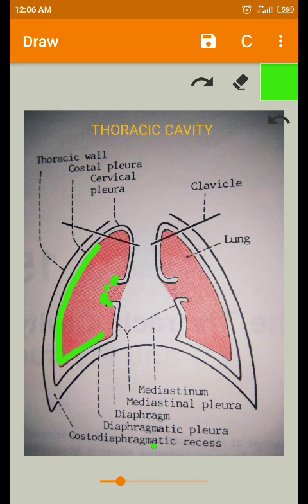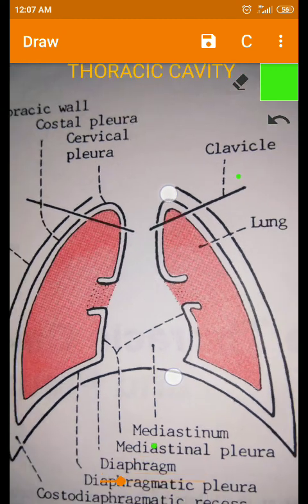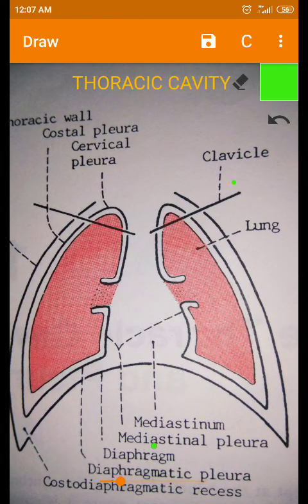What is called in between these two? This space is called the pleural space or pleural cavity. That is filled with pleural fluid. The pleural fluid is secreted by the mesothelium. Normally a thin film of layer, that is called pleural fluid, is present.